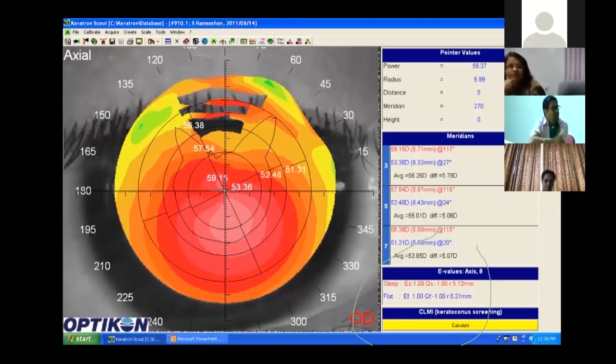So this is the map showing the inferior steepening, and you can see the asymmetric bow-tie like picture which is taken in the Opticon. And you can see the variation in the inferior cornea alone.